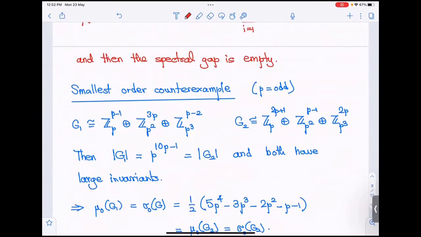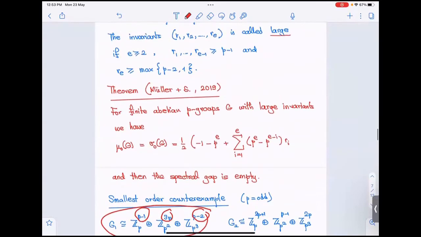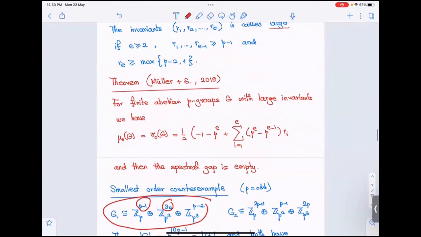So let's look at this group G1, where the first invariant type is p minus 1, the second one is 3p, the third one is p minus 2. And now remember that the largeness definition was there. So all these actually satisfy this largeness. And the second one I would take to be this one with these invariants over here.